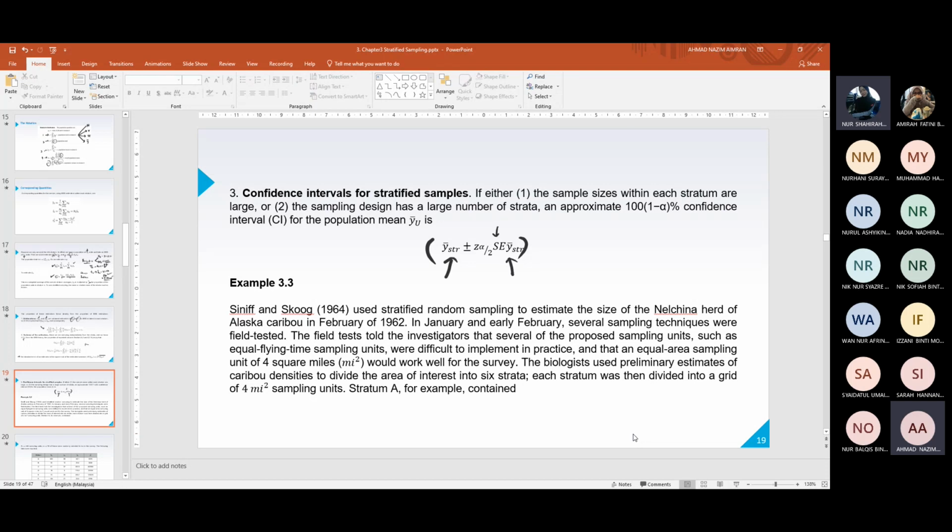You can also use the Z alpha over 2 here, referring to the Z table, depending on how much confidence you want for your confidence interval. Okay, let's say you want a 95% confidence interval.